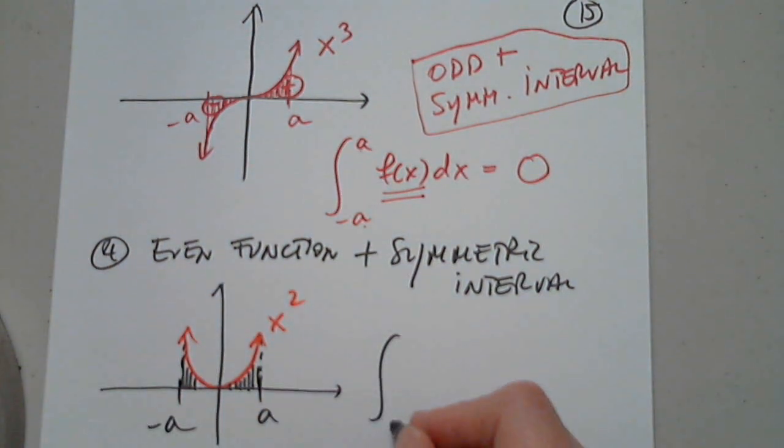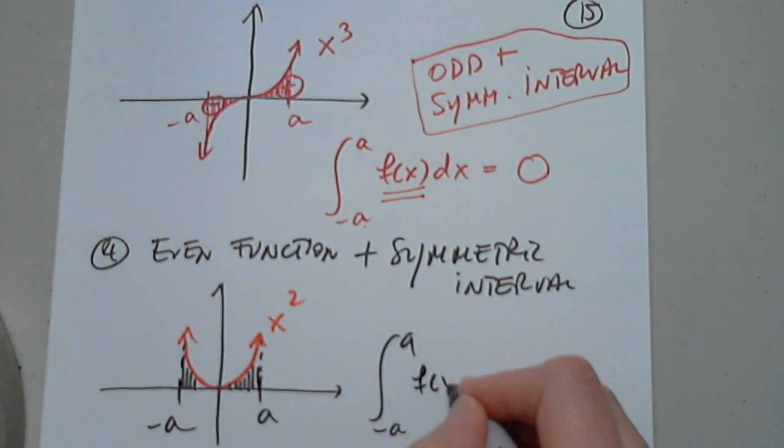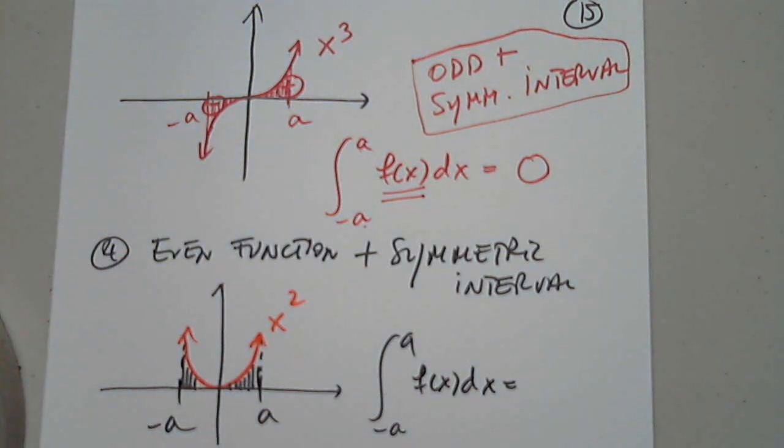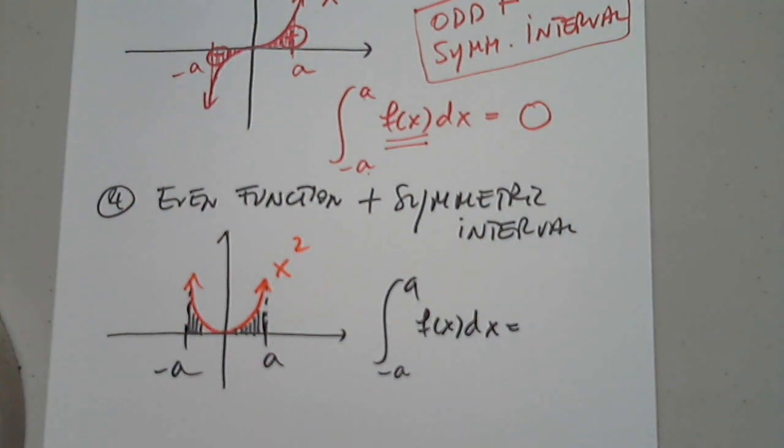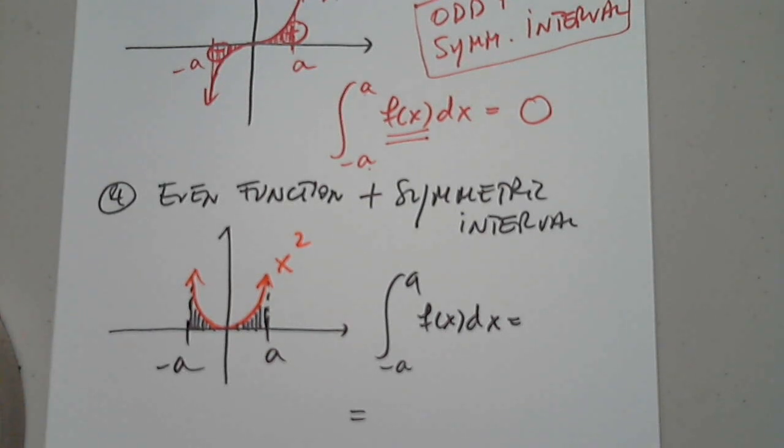So then the integral from negative a to a of f of x dx will equal, and now you can say that. I was going to say 2 times 0 to a. Yes.